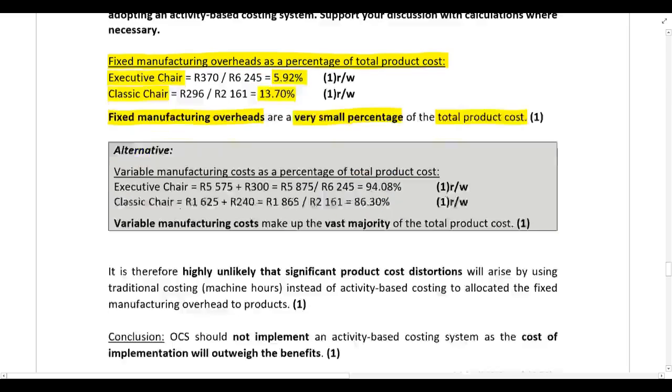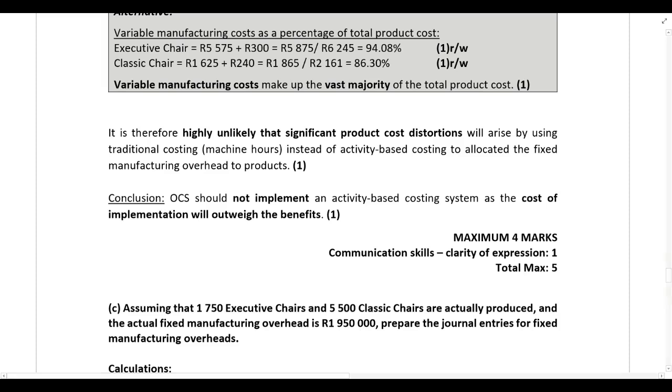All right, then if we look at the rest of the discussion over here, I have already been through all of this with you, so I'm just making sure that we cover it and you're happy with everything. But what we said is because the fixed manufacturing overhead is such a small percentage of the total product cost, it is highly unlikely that significant product cost distortions will arise if we use traditional costing instead of activity-based costing to allocate the fixed manufacturing overhead to products.